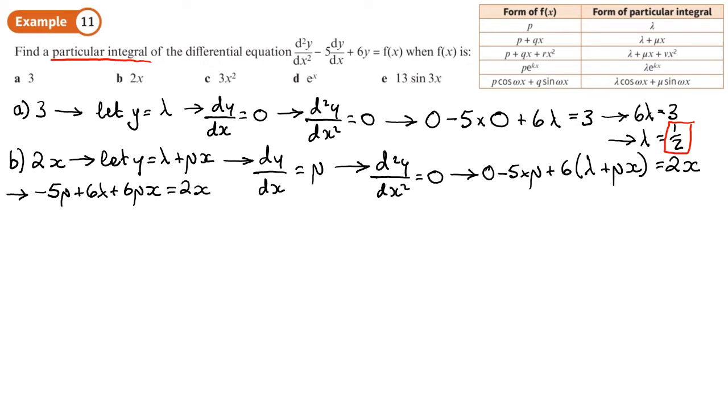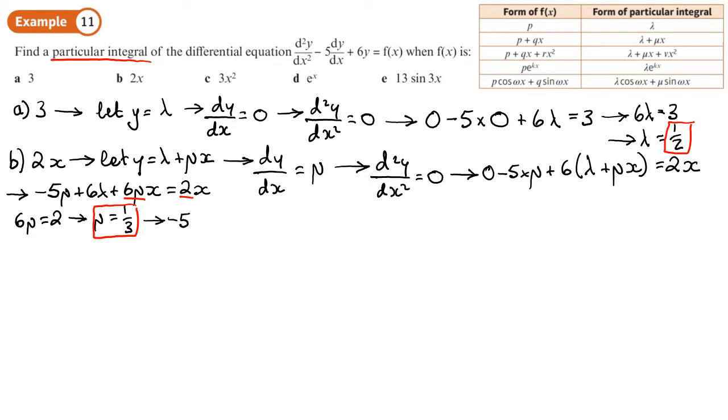Now I can equate the coefficients from here. So if I look at the x terms, 6 mu equals 2, which means that mu equals a third. Okay, so that's part of my answer there. Mu equals a third.